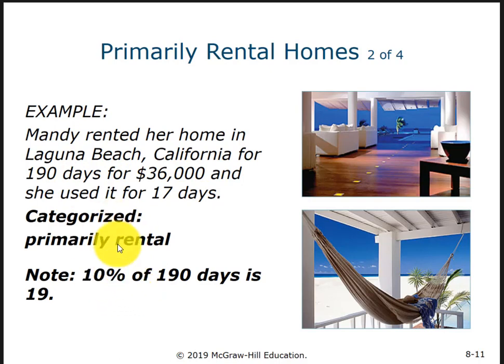Primary rental, 10% of the days, 190 days is 19. Okay, so she would take her expenses and she would allocate them to the rental based on 190 divided by 207. And her personal would be the 17 divided by 207. See how those fractions allocate the costs.